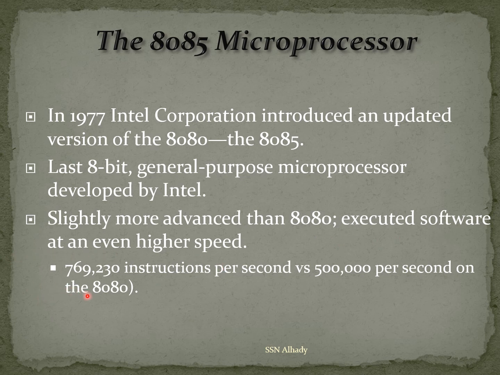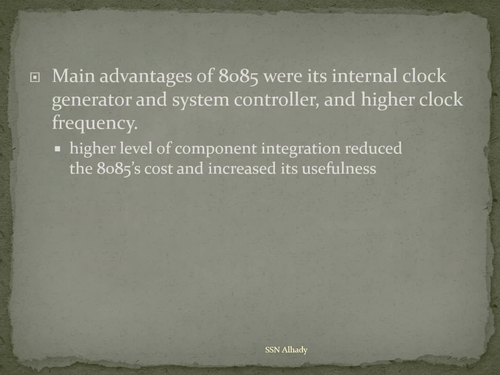It can execute 700,000 plus instructions per second compared to 500,000 per second in the 8080. The main advantages are its internal clock generator, a system controller, and higher clock frequency.